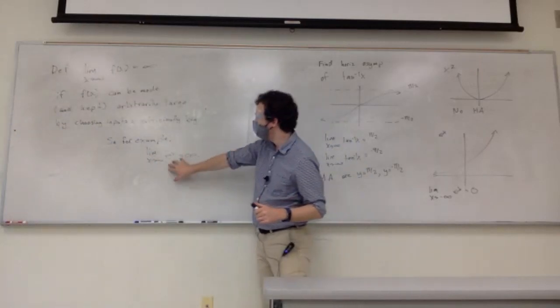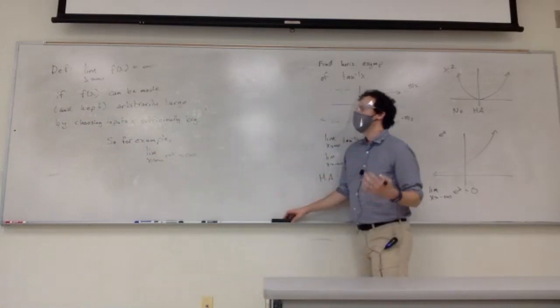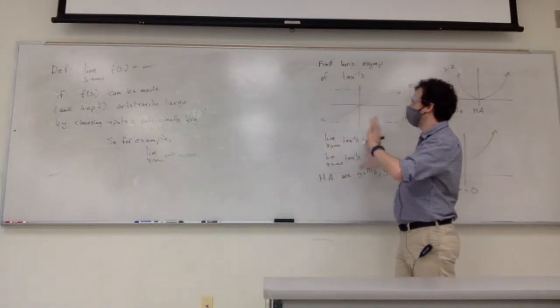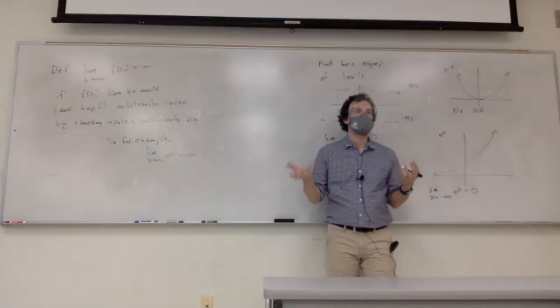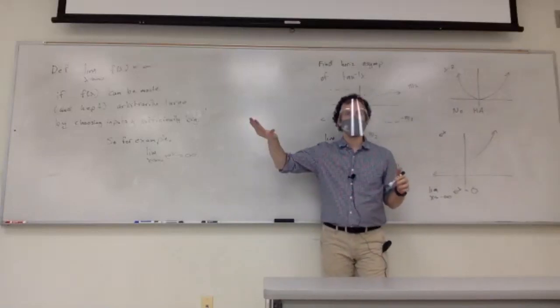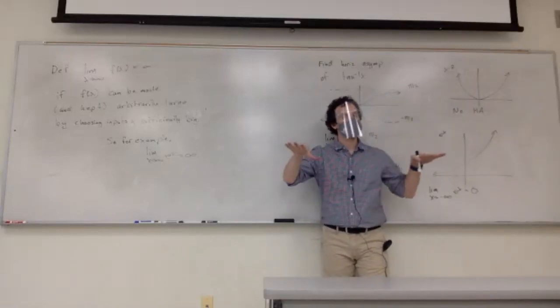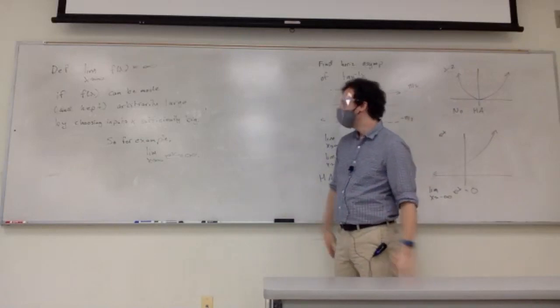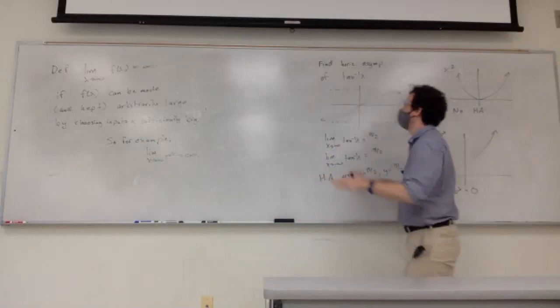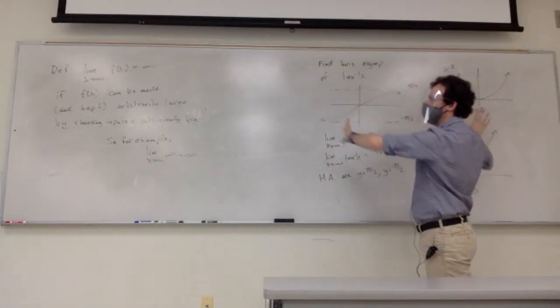And examples like this where limits are infinity, this is why this topic is sometimes called end behavior, because it's not all horizontal asymptotes where you actually level off. But we do want to describe what's happening as you look further and further to the right or left.